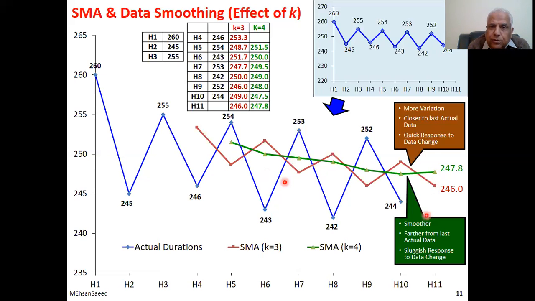So these three conclusions are summarized over here. When it comes to smoothing, K value acts like a rheostat on your iron. Just like if you have cotton or linen clothing with lot of wrinkles, then you will set the rheostat to a very high heat setting so as to iron out the variations or the wrinkles.